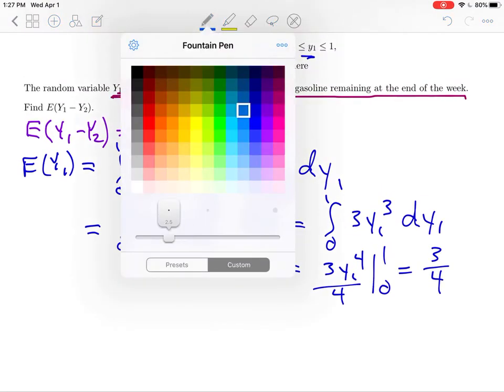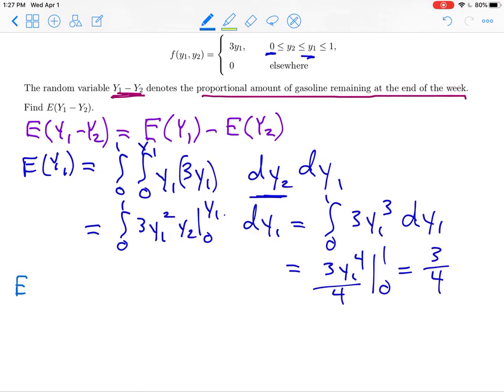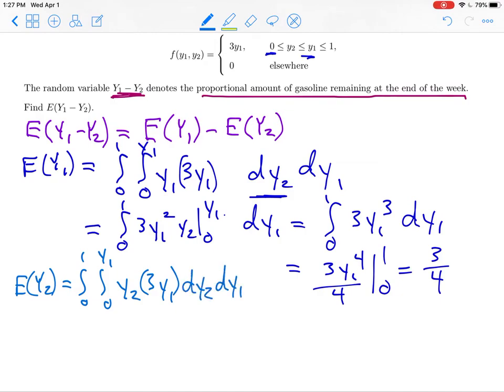Our expected value for Y2 is an integral from 0 to 1, integral from 0 to Y1. Here we have Y2 times 3Y1 dY2 dY1. And so when we integrate with respect to Y2 first, we have 3Y1 Y2 squared over 2. So we added 1 to the power and divided by the new power.